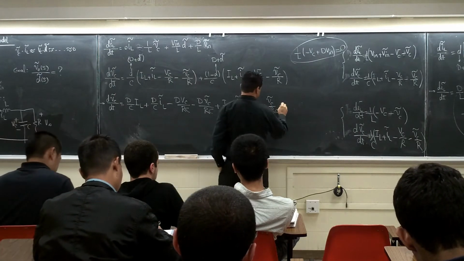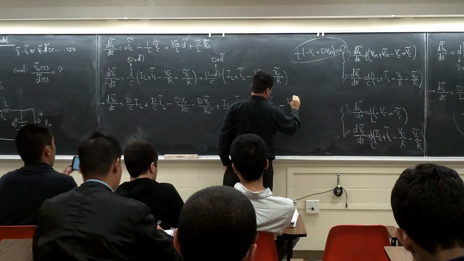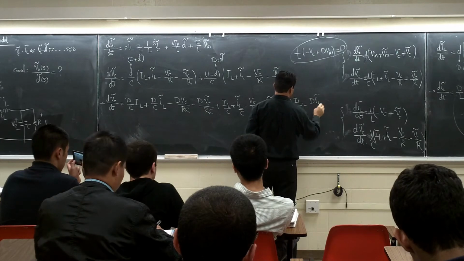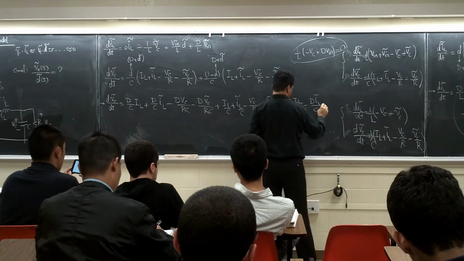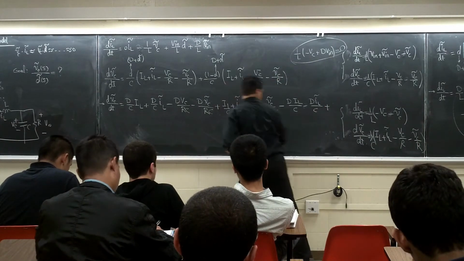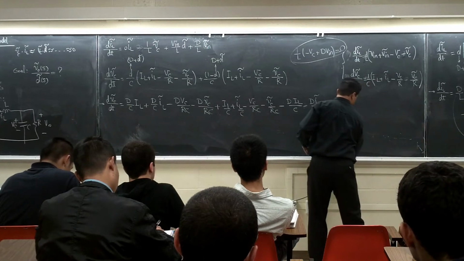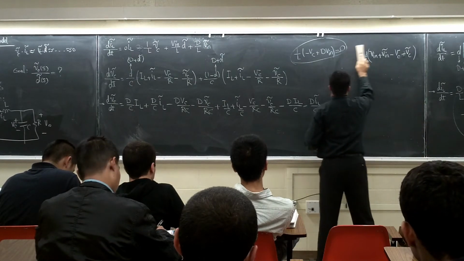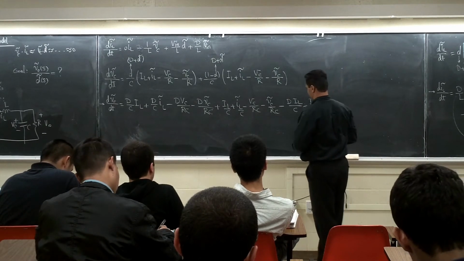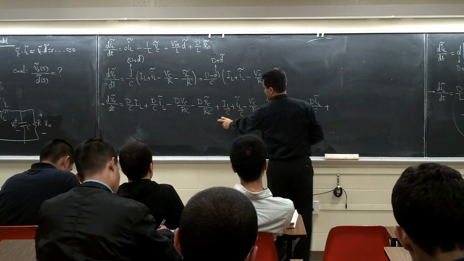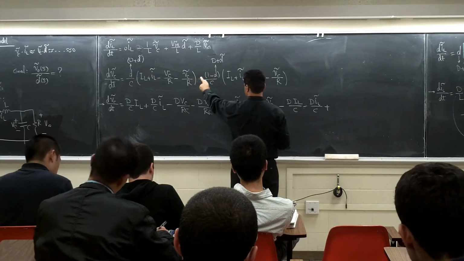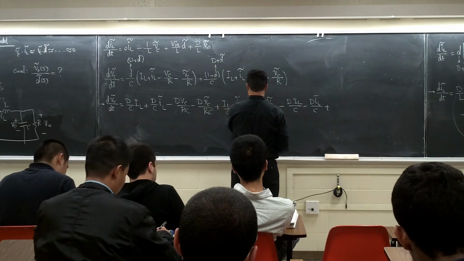It's going to be minus d il over c minus d il tilde over c plus, let me see, 1, 2, 3, 4.